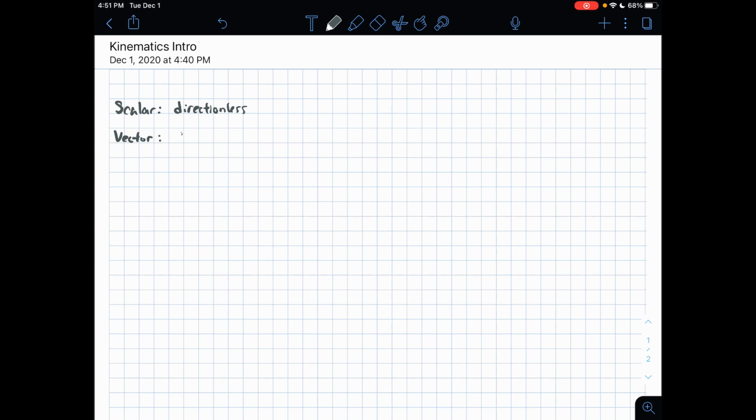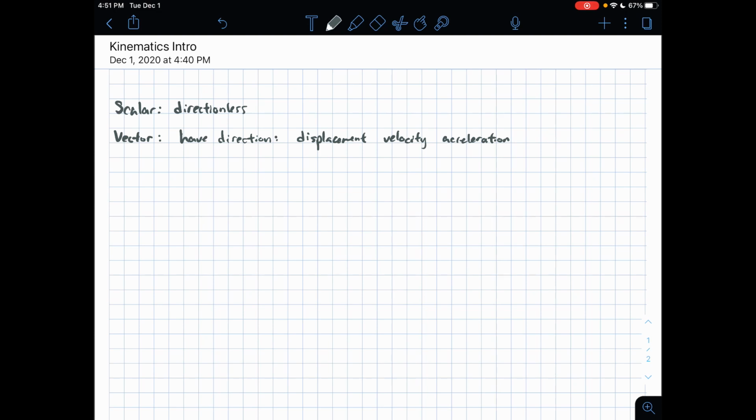So we have displacement, we have velocity, and we have acceleration. I apologize ahead of time for my terrible writing.